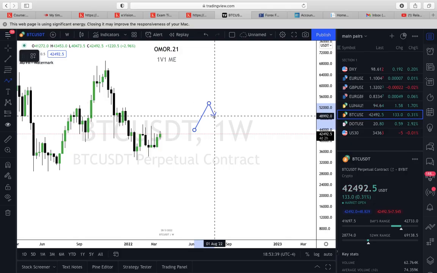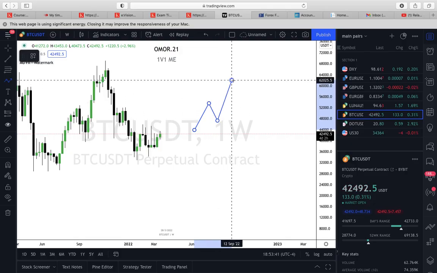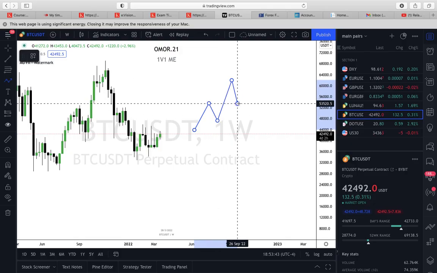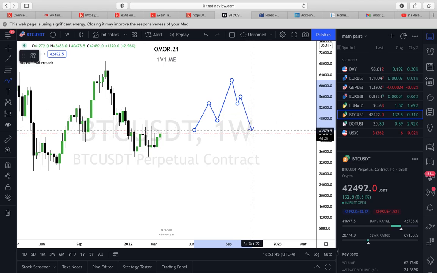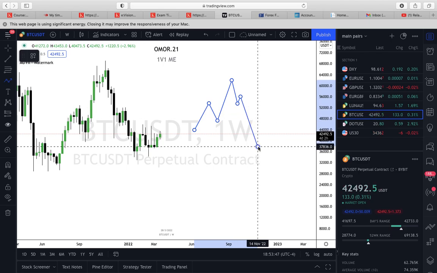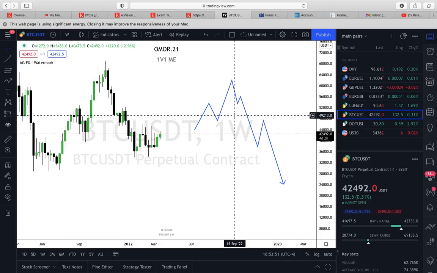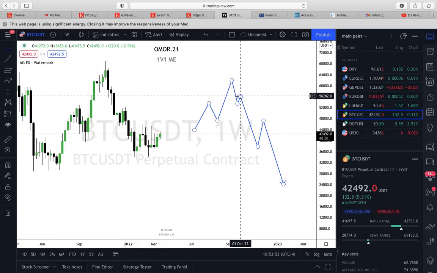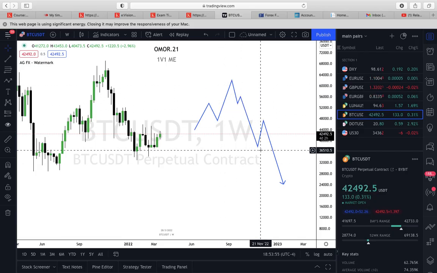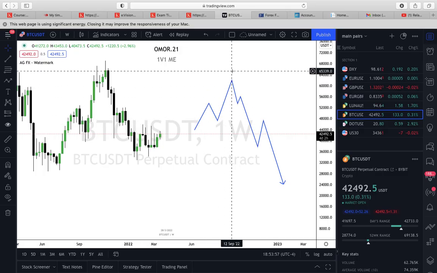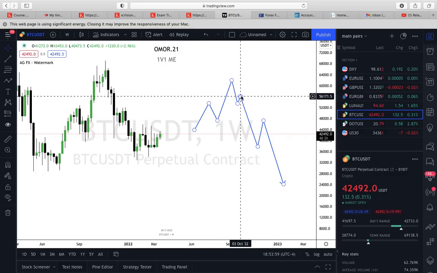When you have your breaker, you could have the retracement here, because it's very unlikely that you have that one move down, right? So high, low, higher high. Now you've got a lower high.